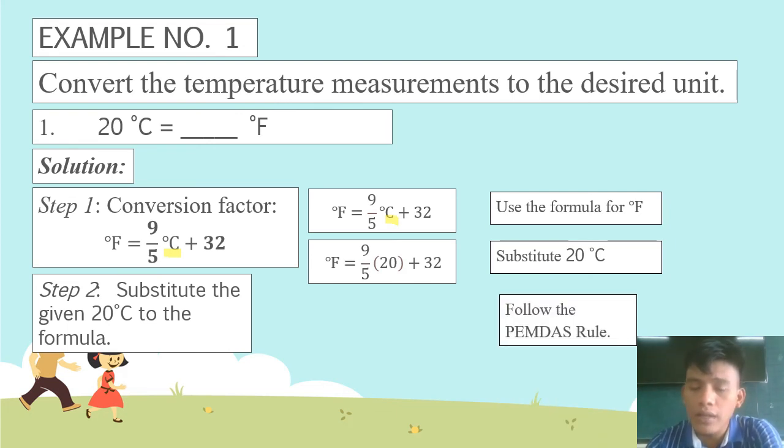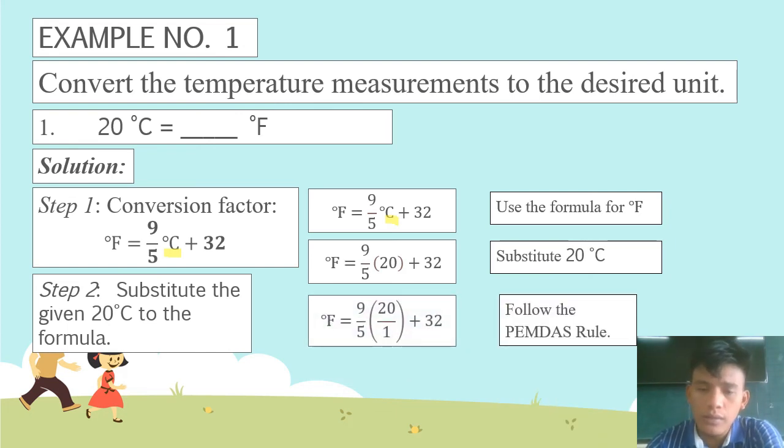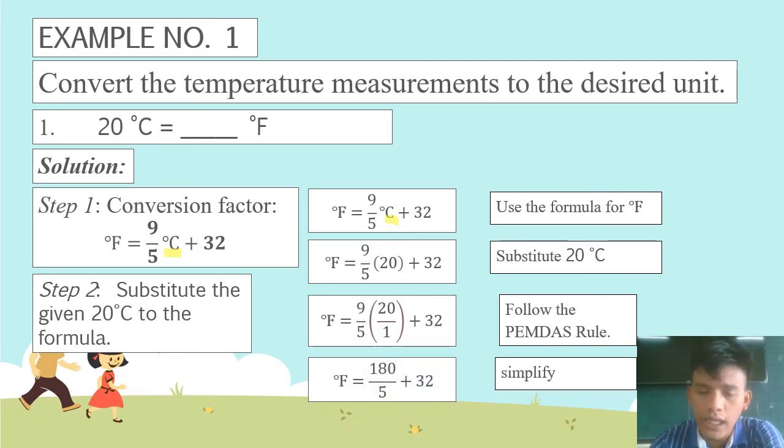Step 3, follow the PEMDAS rule. So 20 over 1. 9 times 20 is 180. 5 times 1 is 5, plus 32.